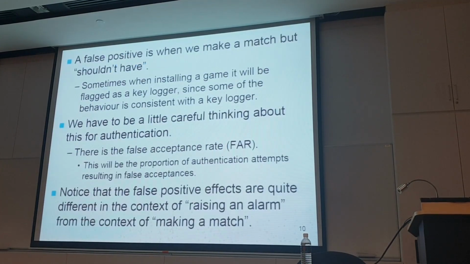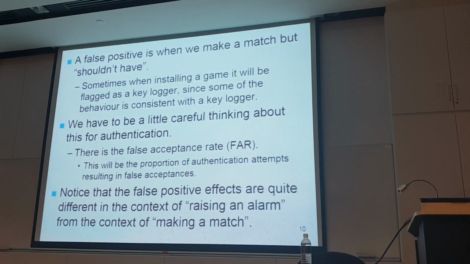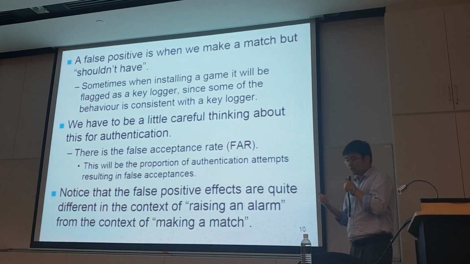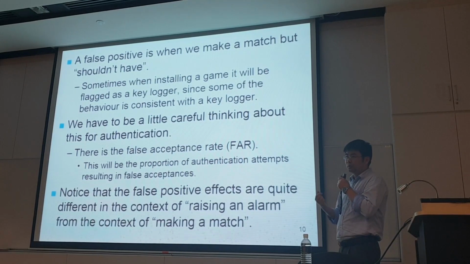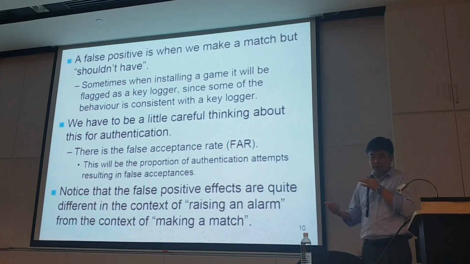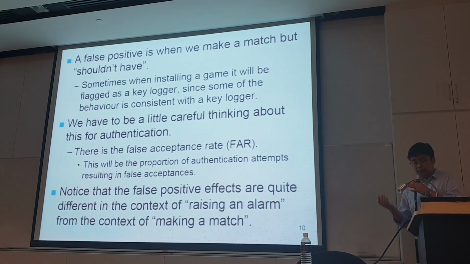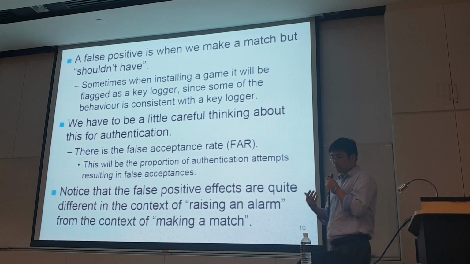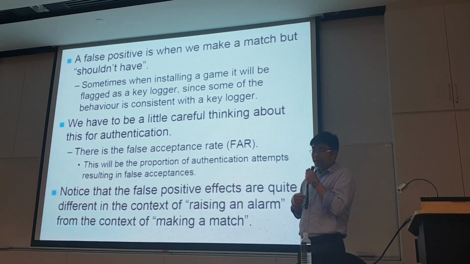Okay, false positive, as I mentioned, occurs when we make a match but we shouldn't have. In authentication, that means someone may use a wrong credential. Now I use the term credential instead of password, depending on the factor you use. If you use a wrong credential and can still pass authentication, that means you have a false positive.